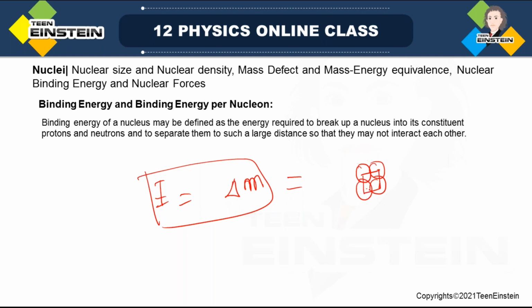So mass defect is the origin of the binding energy, which binds the nucleons very tightly in very compact, very tiny spaces.